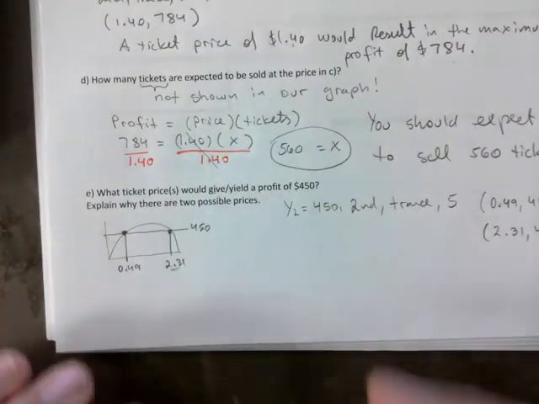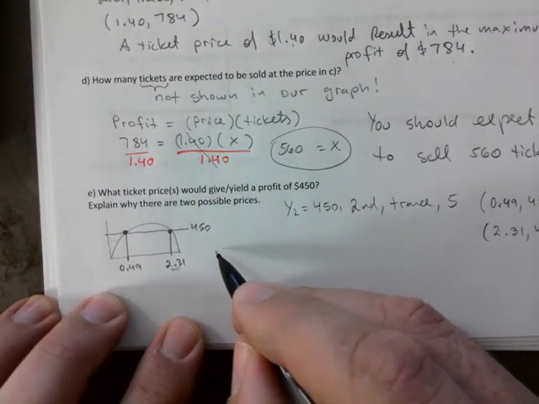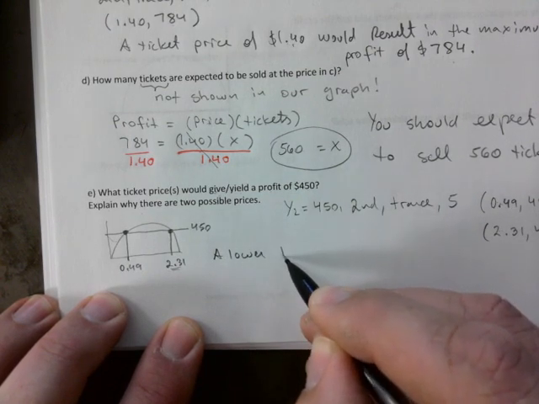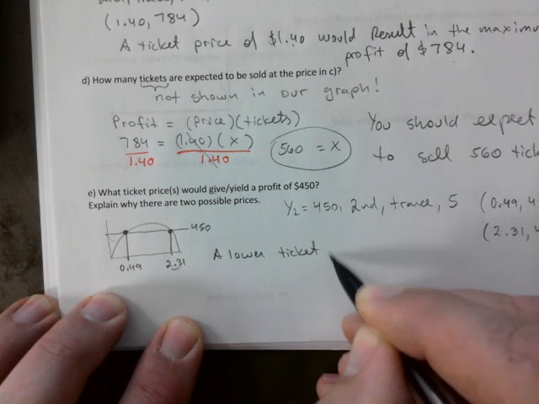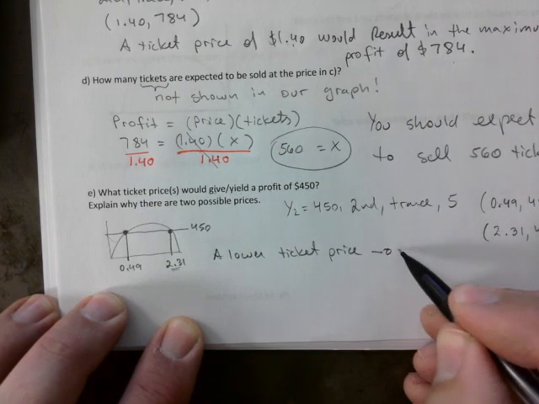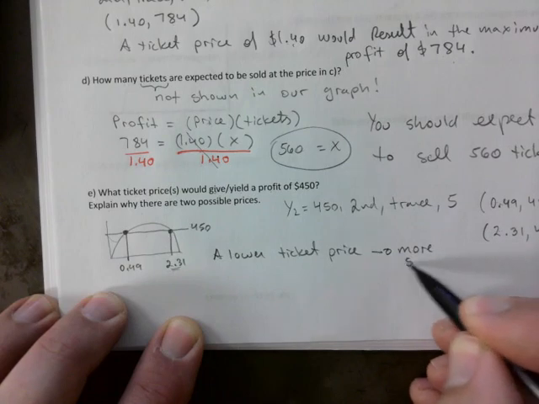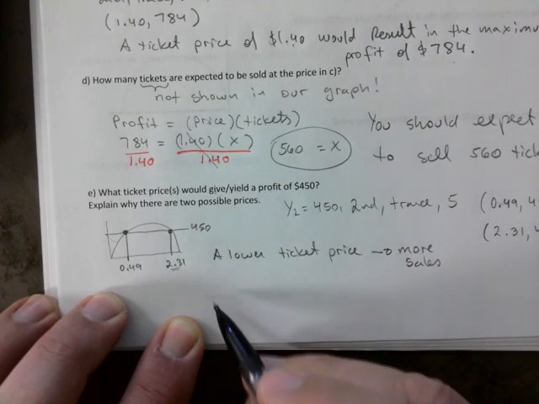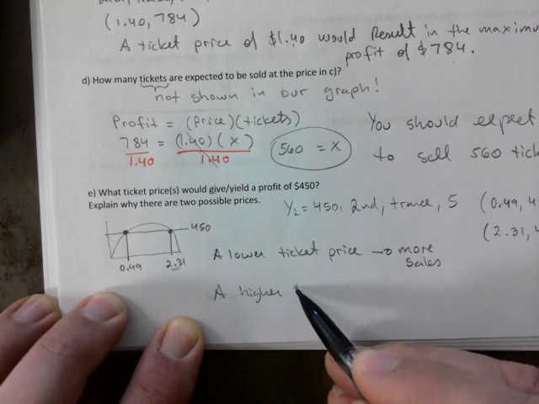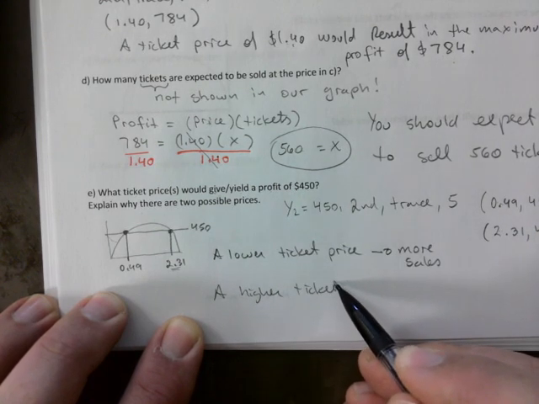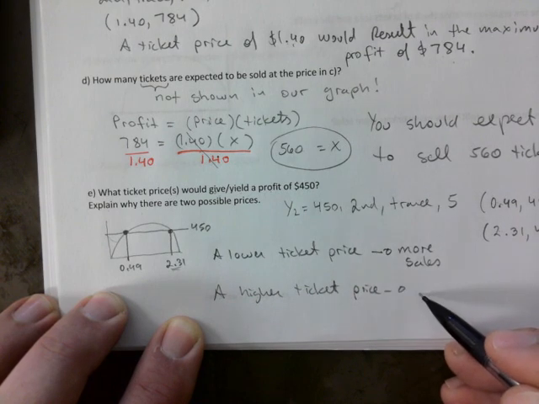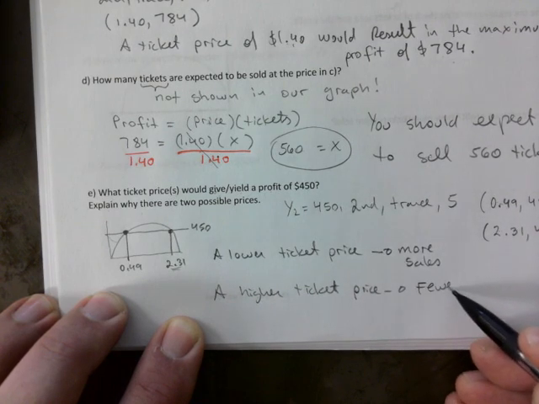So here is my answer for you. A lower ticket price results in more sales. A higher ticket price will result in fewer sales.